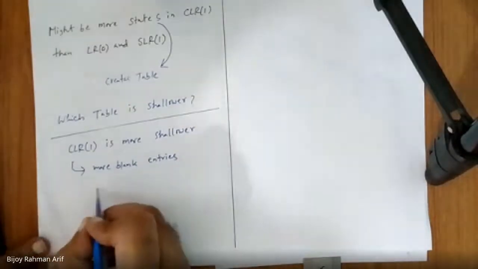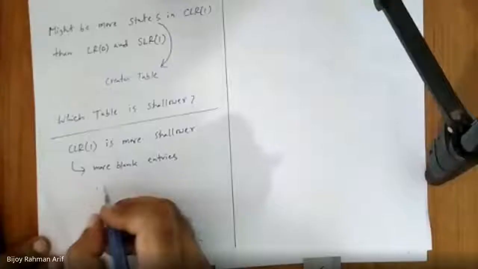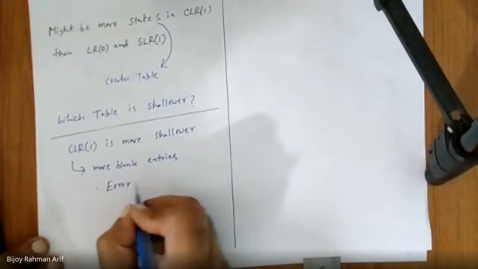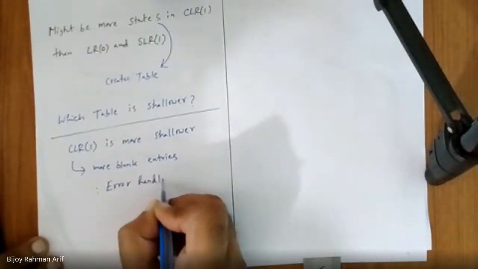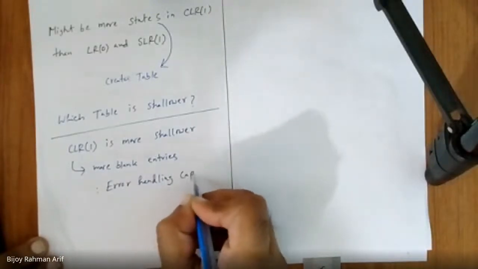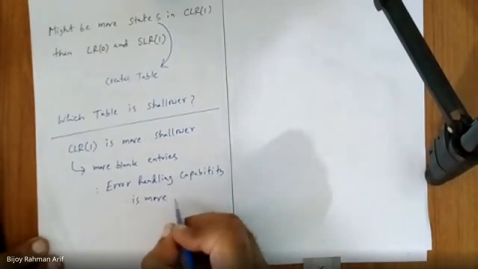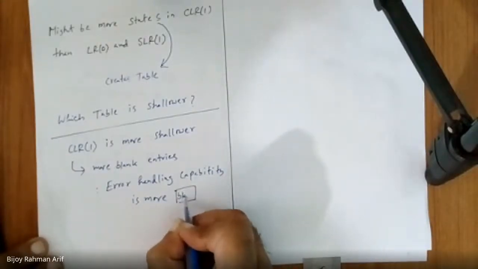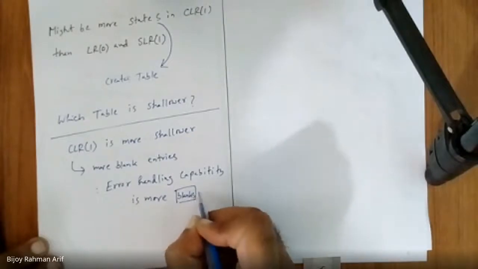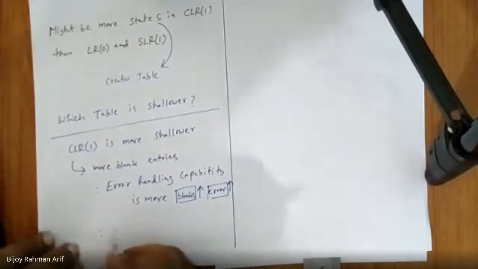And what is the meaning of this? More blank entries means error handling capability increases, because blanks are errors. More blanks, more errors detected. And the second thing is less conflict.